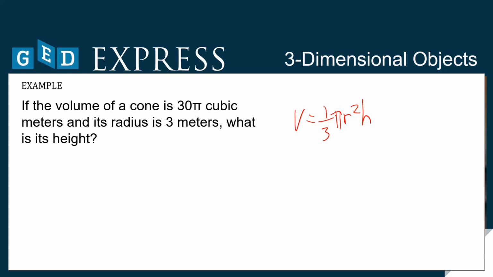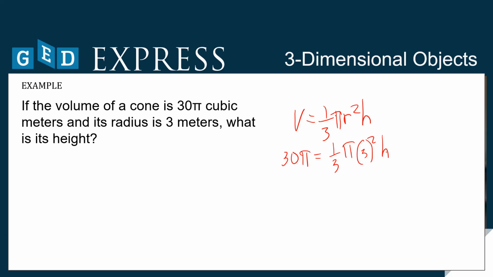Then plugging in the given, we have 30 pi is equal to 1/3 pi times 3 squared times h. Okay, then let's simplify.